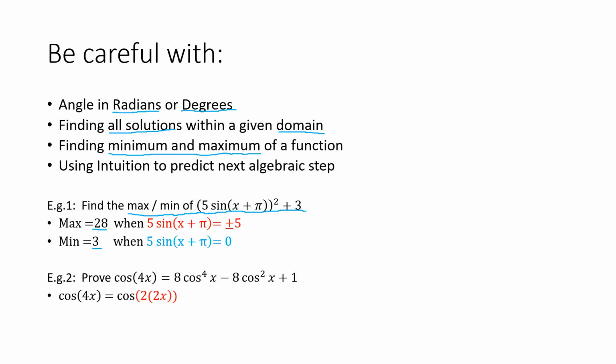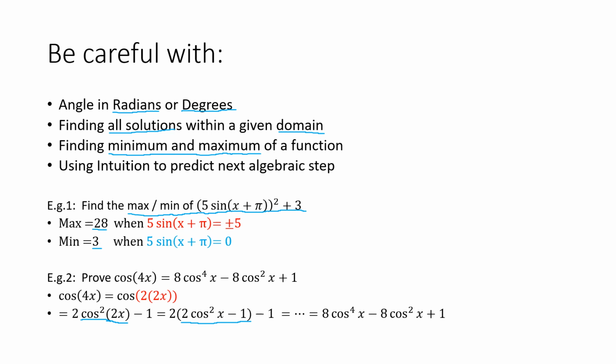Okay, so the first thing we could do is to write this in terms of the double angle formula. cos 4x is equal to cos 2 times 2x. So we can use the double angle to write that as 2 cos^2 2x minus 1. And then we apply another double angle on this expression.